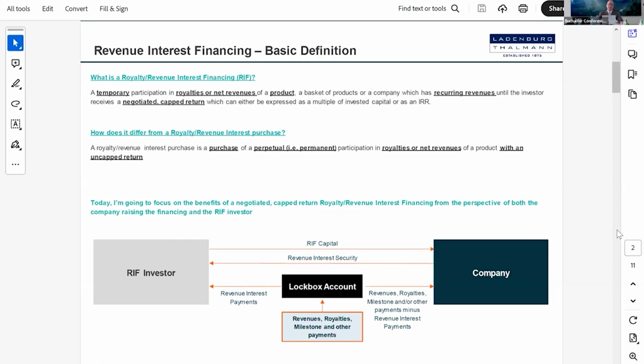So basically, customers, when they're sending in revenues into the company for the purchase of the product, send their payments into a lockbox. The investor gets whatever negotiated percentage, 3%, 5%, 8%, whatever. The company gets the rest. That's basically functionally how this works.